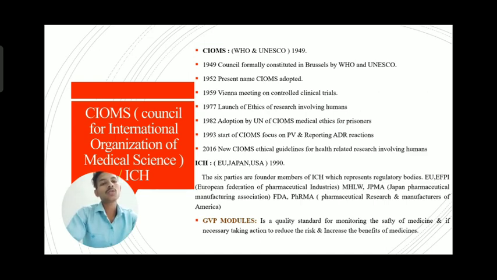GVP is Good Pharmacovigilance Practices modules. In this, the quality standard is for monitoring the safety of medicines and, if necessary, taking action to reduce the risks and increase the benefit of medicines.